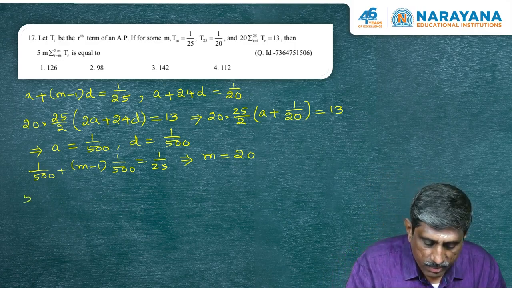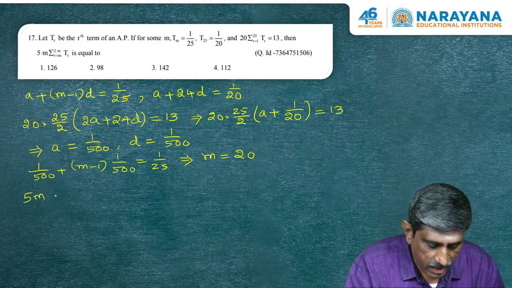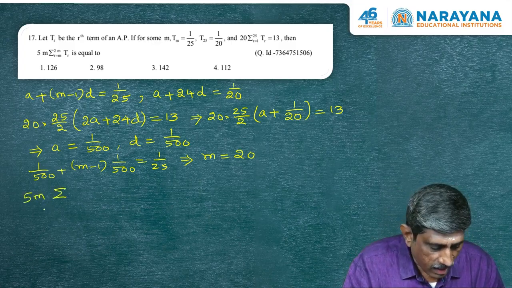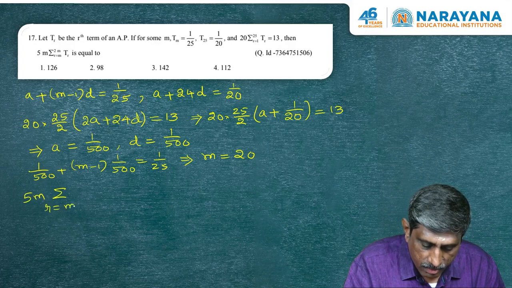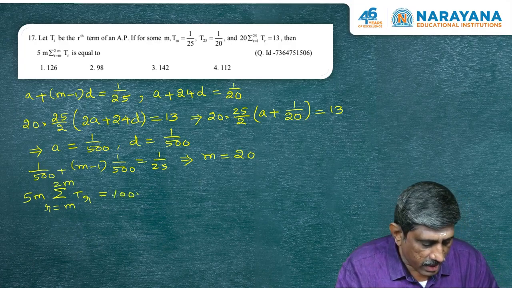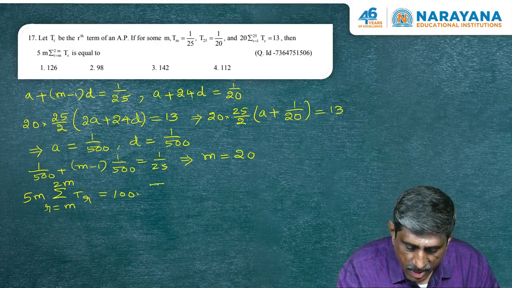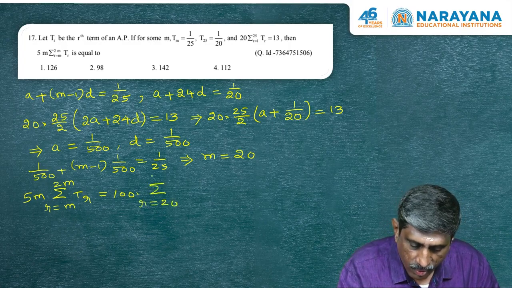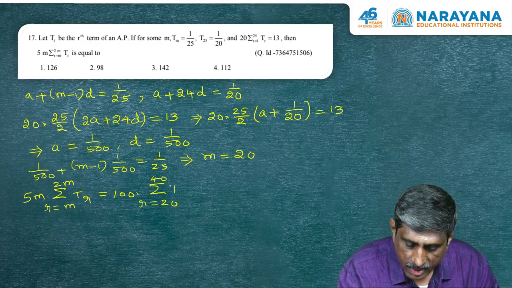So, 5 times of m into sigma r is equal to m to 2m Tr is asked, which is nothing but 5m, 5 into 20, 100 into sigma r is equal to 20 to 40 Tr.